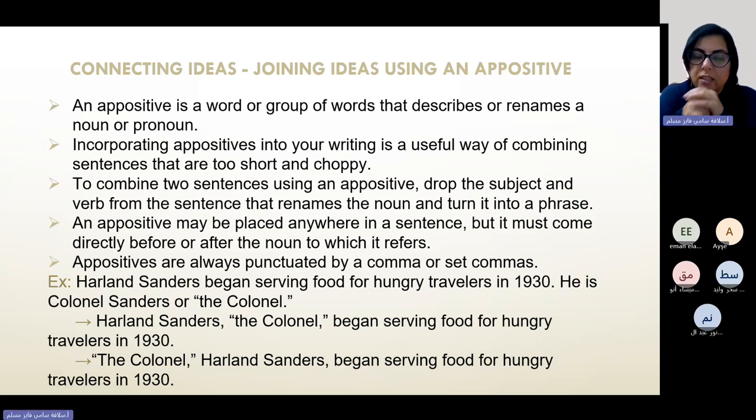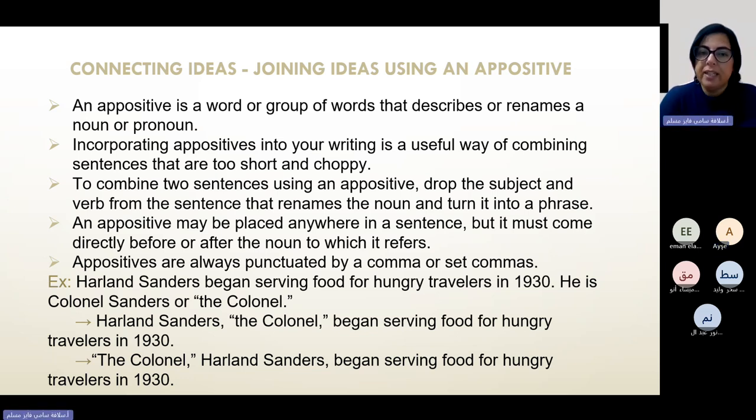He is Colonel Sanders, or the colonel. Okay? Continue, give me the sentence. Harland Sanders, the colonel, began serving food for hungry travelers in 1930. The colonel, Harland Sanders, began serving food for hungry travelers in 1930.